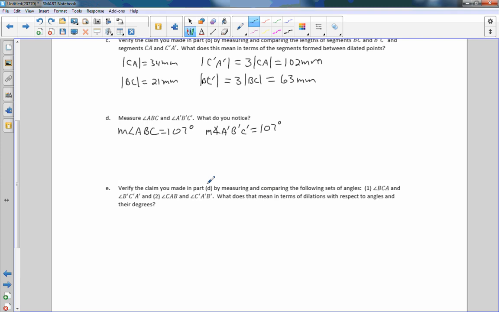Okay, it says verify the claim you made in part D, measuring and comparing the following sets of angles. 1, angle BCA and angle B prime C prime A prime, and 2, angle CAB and angle C prime A prime B prime. So we've already done that. The measure of angle CAB equals the measure of angle C prime, A prime, B prime, and angle B prime, C prime, A prime should equal the measure of angle BCA. I'm going to do 2 first.